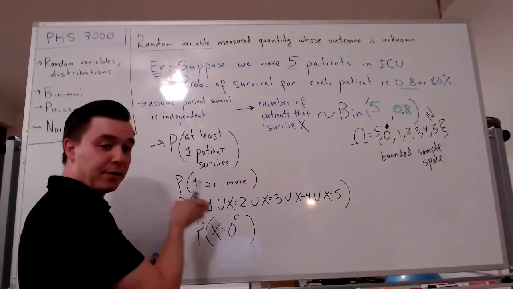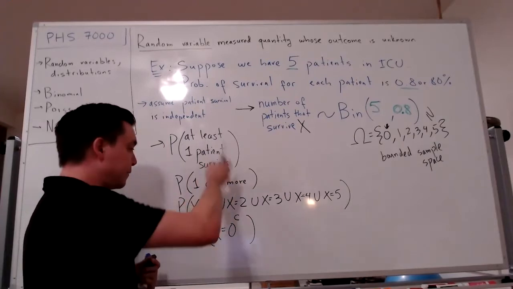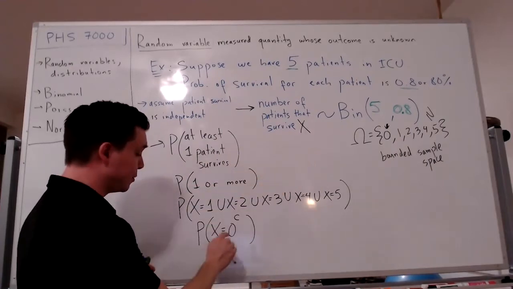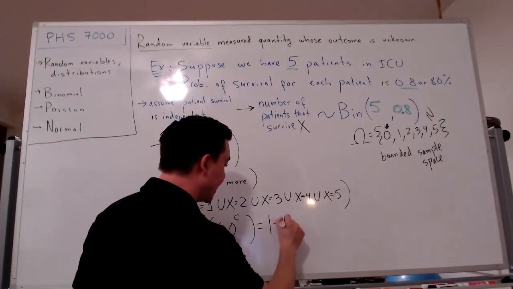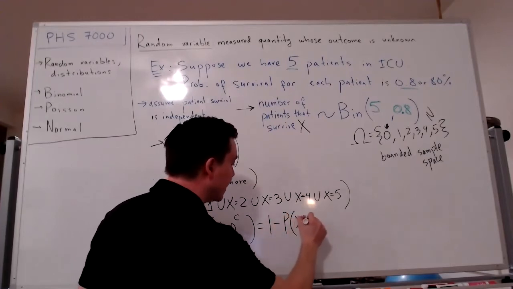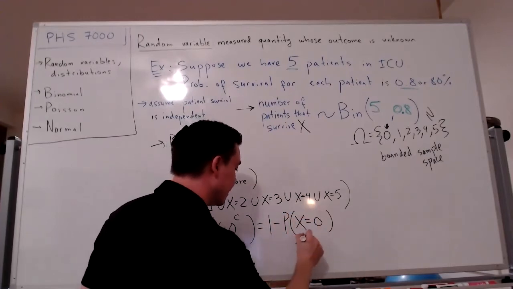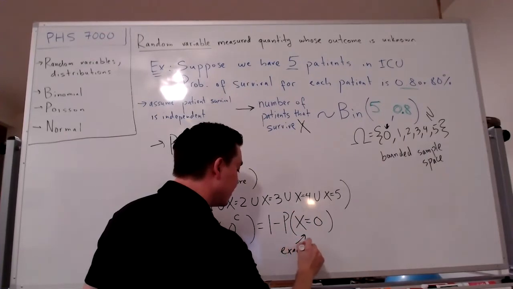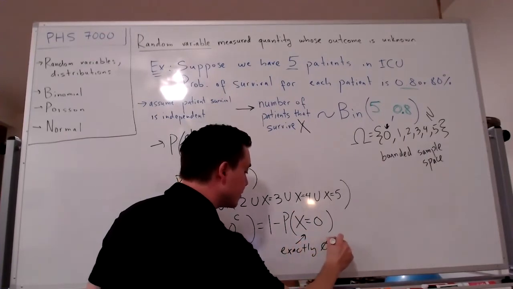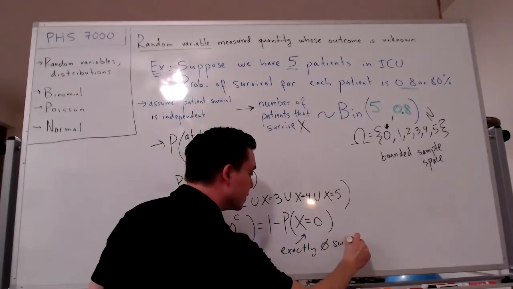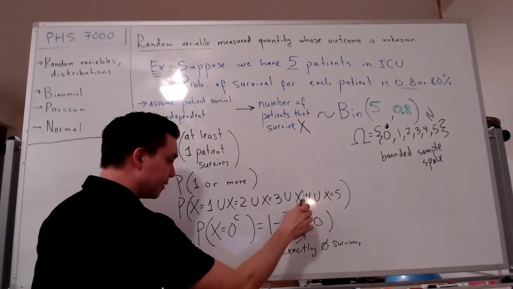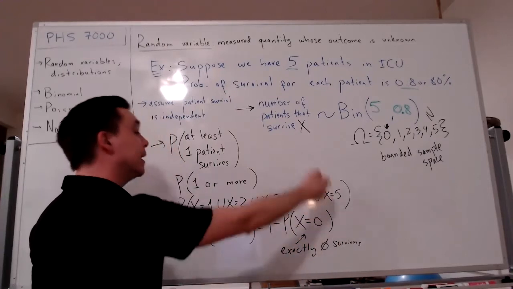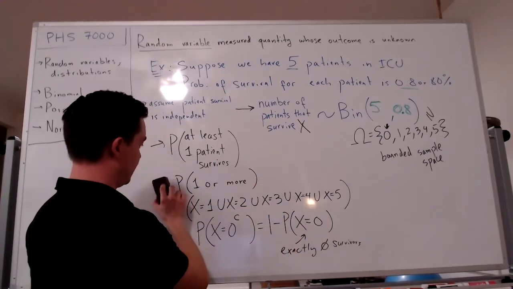And now I don't have to evaluate 5 different probabilities. I just need to evaluate 1, because we know the rule. This is 1 minus the probability of exactly 0 survivors. I just need this one probability, and then I'm going to subtract it from 1.